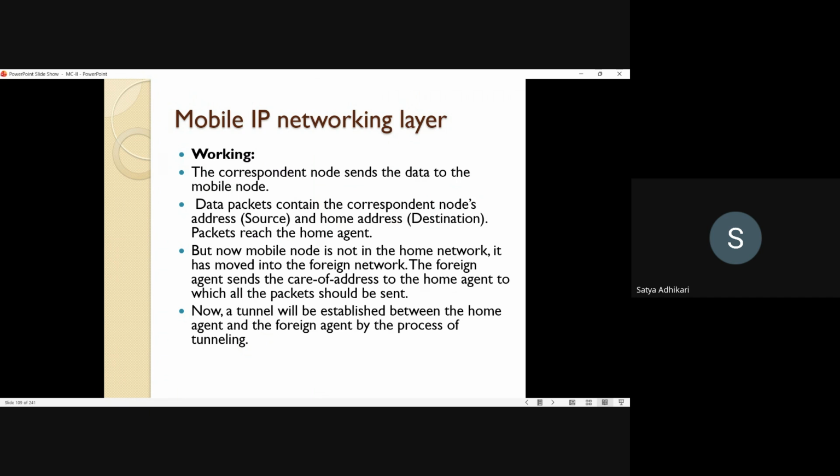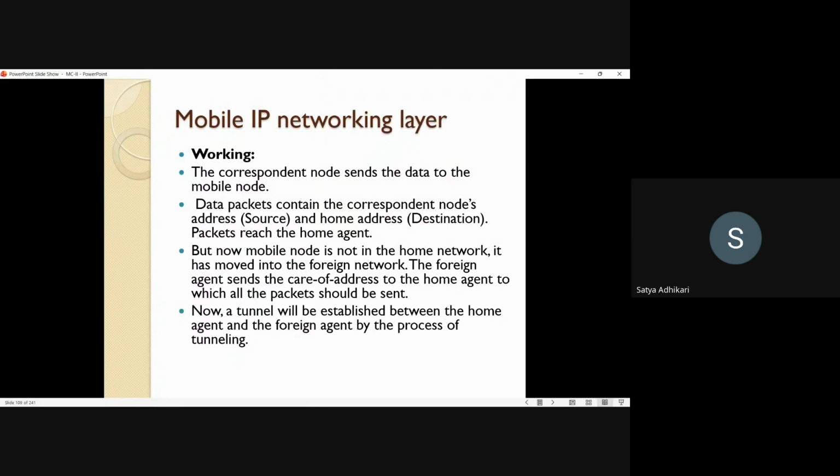Suppose the mobile node is your phone and the correspondent node is your friend's mobile. Suppose your friend wants to send data to you. So your friend's mobile is considered the correspondent node and your mobile is considered a mobile node.